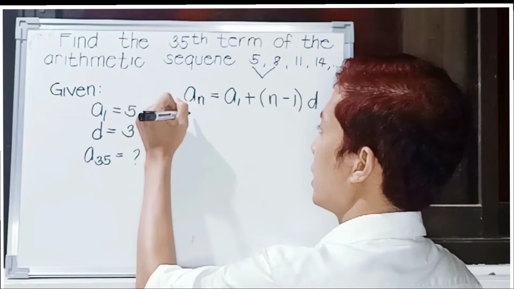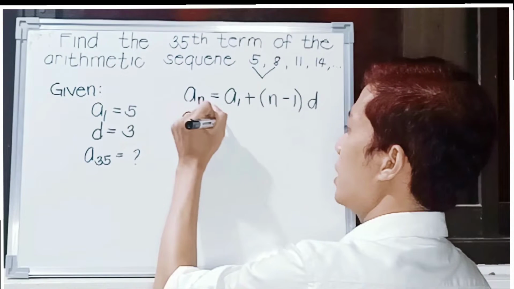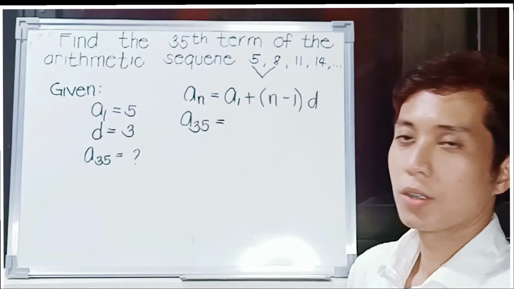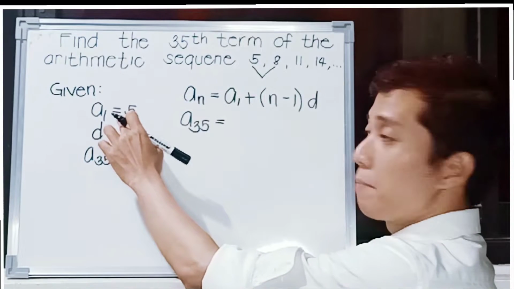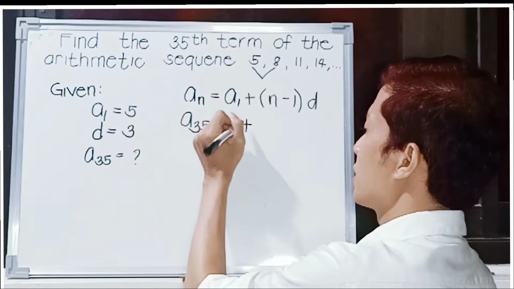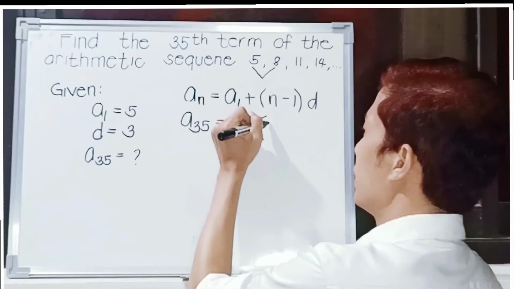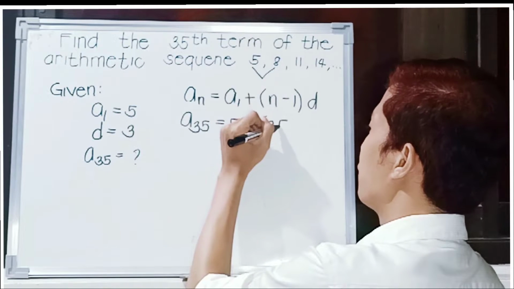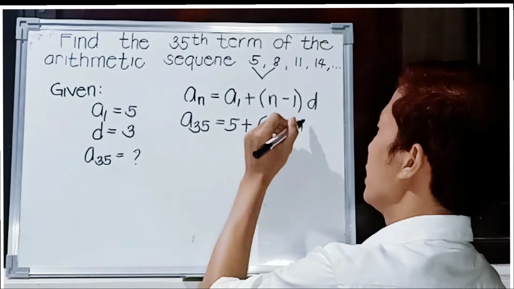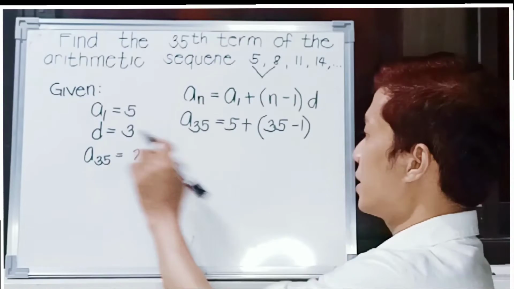So this becomes a sub 35 is equal to, so a sub 1 equals 5. We substitute. That becomes 5 plus quantity 35 minus 1 times our common difference. Our common difference here is 3.